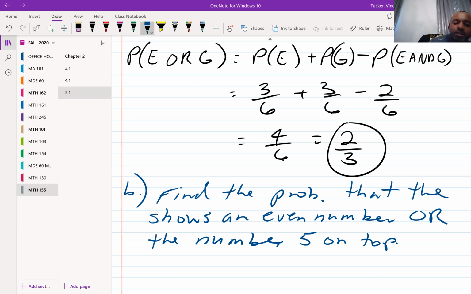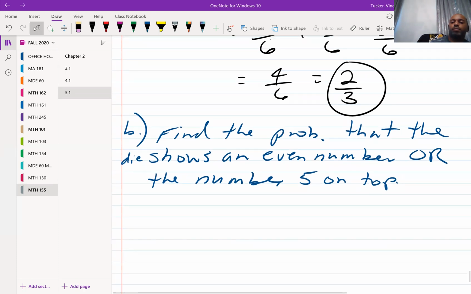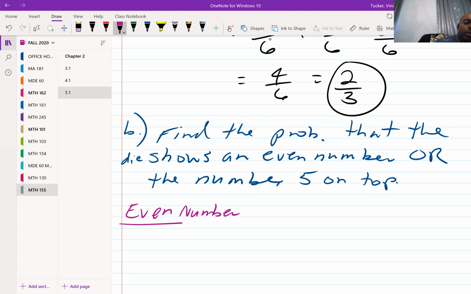Yep, left out die. That the die shows an even number or the number 5 on top. All right. So let's look at our events individually again. So even number, even though we've already explored that one, we just go through the motions, make sure we're good.